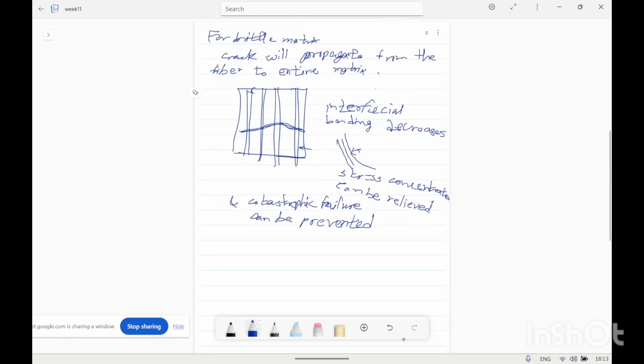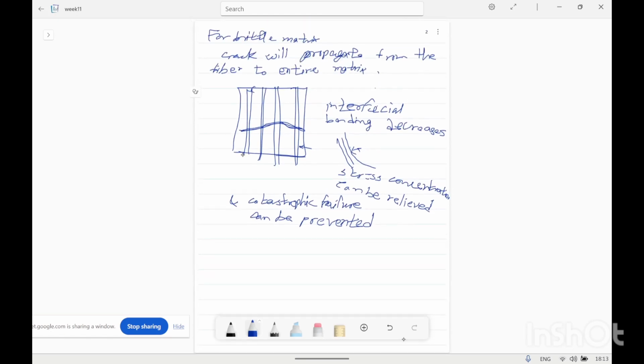And due to this, the dependence on the loading direction for fracture behavior can also result in anisotropy in mechanical properties. Means if the crack will propagate from this, so this will have another strength, and if it will propagate perpendicular to the loading direction, then the case will be different.